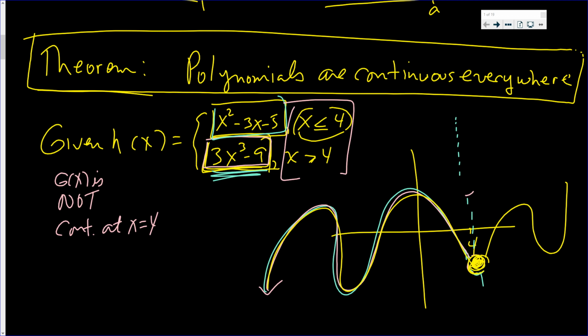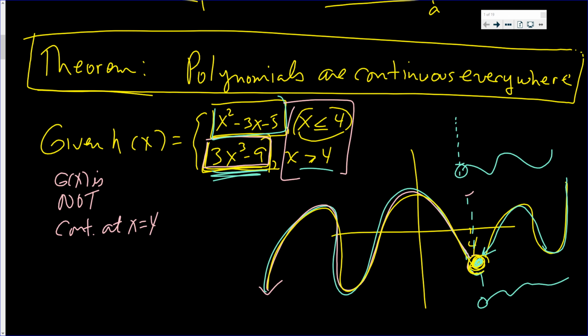The question is whether or not this other graph, the one where x is bigger than 4, comes right here, or if it comes here, or anywhere else. We just want to know if it's coming here.